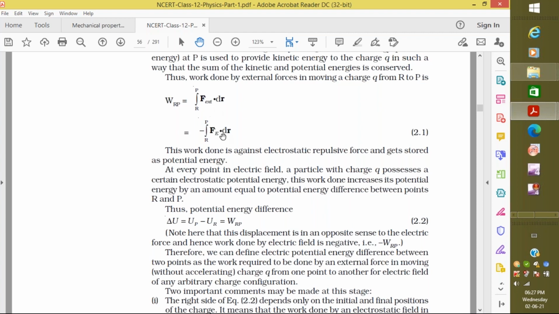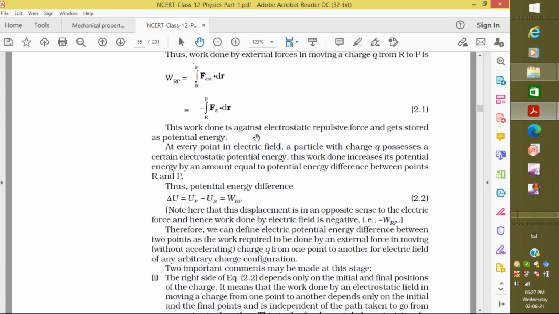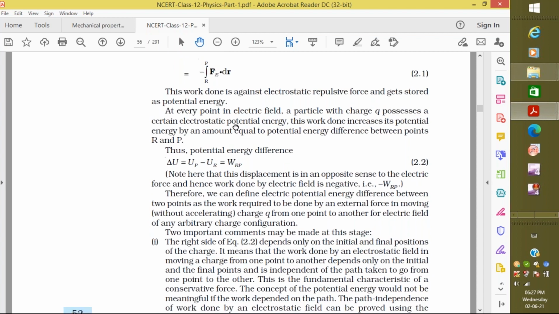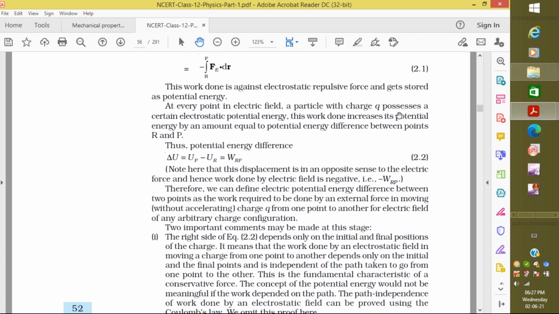So that is the work done against the electrostatic repulsive force, and it gets stored as potential energy. At every point in the electric field, a particle with charge Q possesses a certain electrostatic potential energy. Do you understand why? Wherever there is an electric field, if you go from one point to another point, at every point you will have certain potential energy.